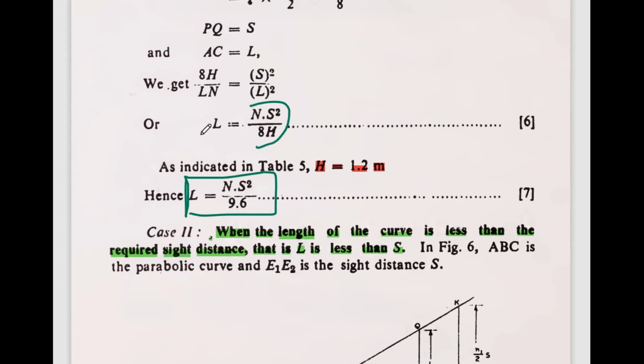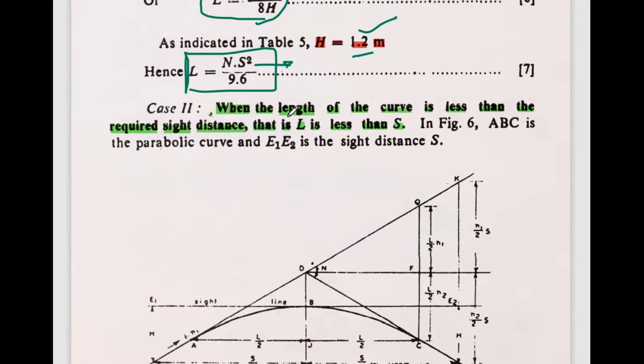This is the general formula that they have got, and in this formula, as I already said, the value of h is 1.2 meter as mentioned in IRC 66. So the curve length comes out to be N into S square by 9.6, where S is the overtaking side distance. The value of this overtaking side distance is also mentioned in IRC 66.